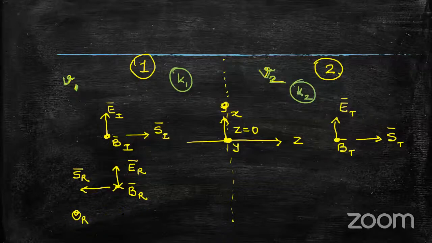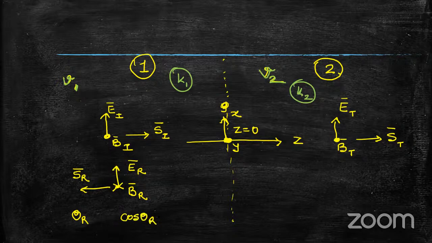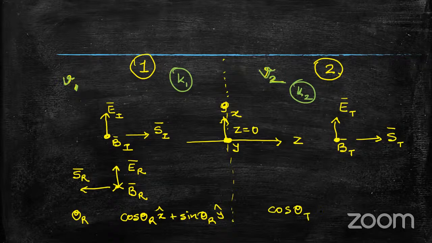So you get ER as cos of theta R X cap plus sin theta R Y cap. Similarly, you will get cos of theta T X cap plus sin of theta T Y cap.